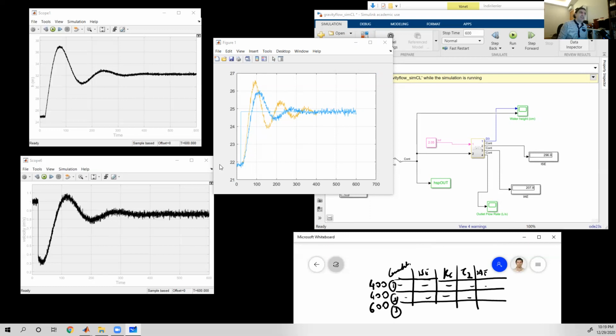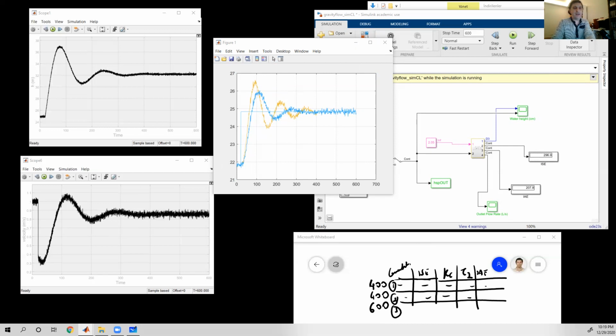Now I'm going to change again one tau I value, Kc value, then it may be a step in the wrong direction. So it's a trial and error. And more than that, it's going to be much more important, as you are going to see in a couple of minutes. So let's see, where am I? What's the tau I value? Okay, let me decrease the tau I value a little bit more.